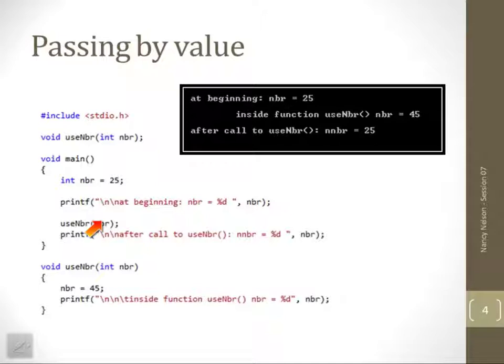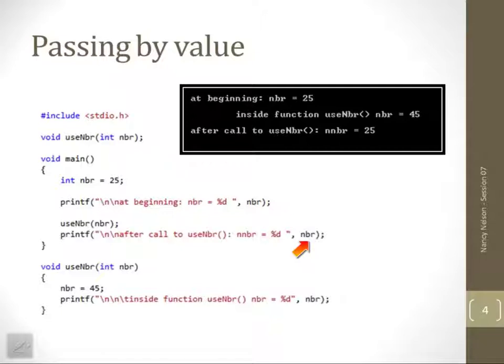So it comes down to here, number gets 25, it immediately gets changed to 45, is printed out, and then we come back to where the function was called from, and we print after the call to useNumber, number is, and I've got an extra n there in my prompt, which we can see up there, and it's going to print out the current value of number.